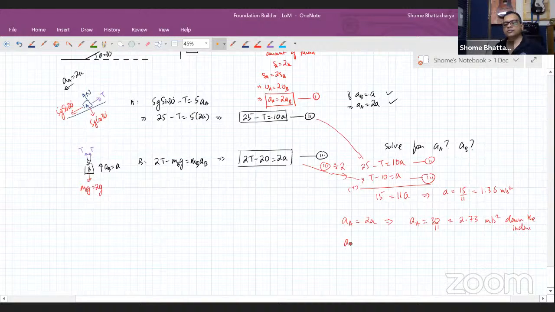And acceleration of B is a, so 15 by 11, or approximately 1.36 meters per second squared vertically upwards. So these become my final answers.